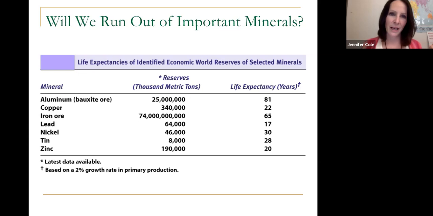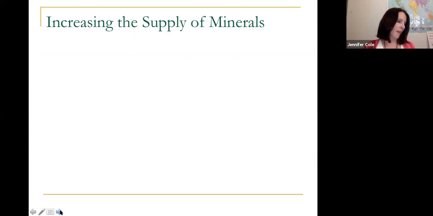In terms of the life expectancies of these minerals, this is based on a 2% growth rate in production. Over here, the life expectancy: lead, we have 17 years left. Zinc, 20 years left. Copper, 22 years left. This is very tough, in terms of the things that we need to have our society run.